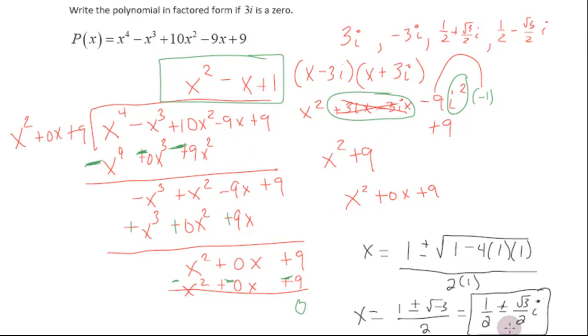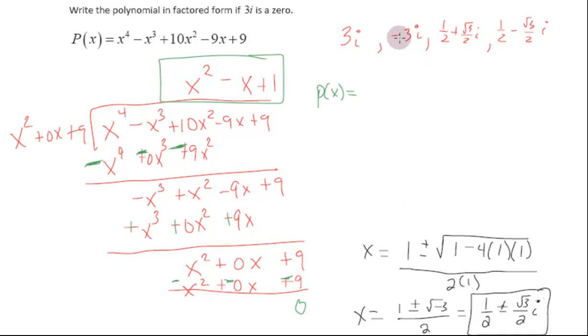Let me erase some of this, clear it. Our polynomial then would look like p of x equals x minus 3i, for that one to be a 0, x plus 3i, for that one to be a 0. Tricky. x minus the 1/2 plus root 3 over 2 i. You can put a bracket maybe outside of here, might be better, because it's x minus whatever this whole thing is.